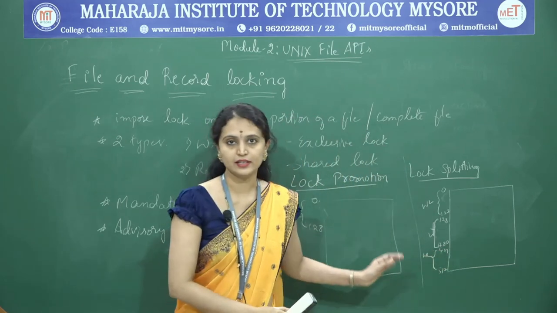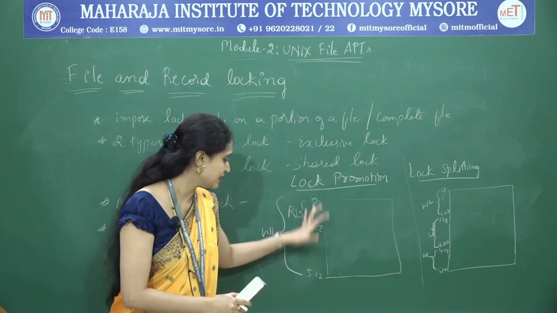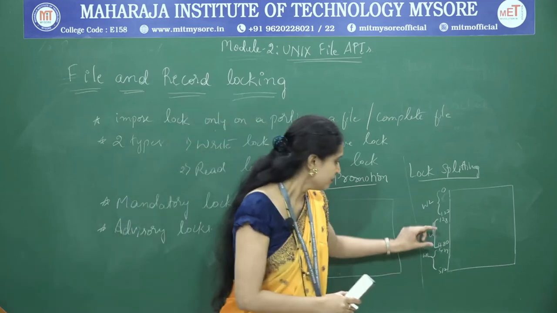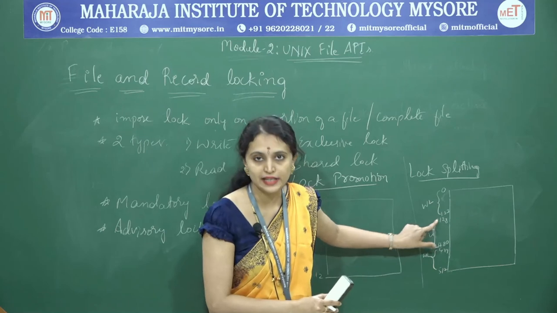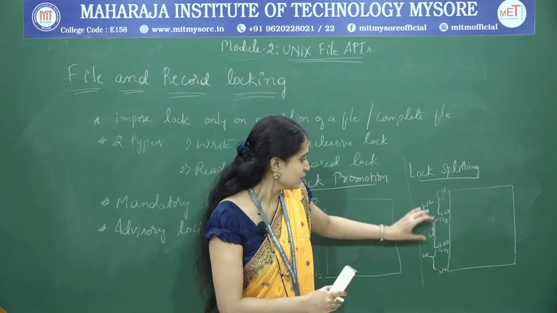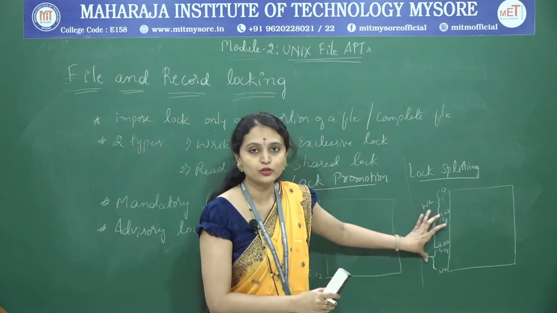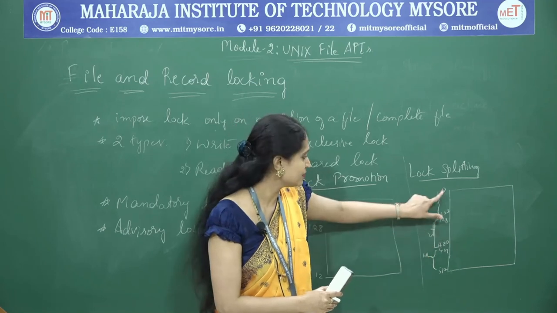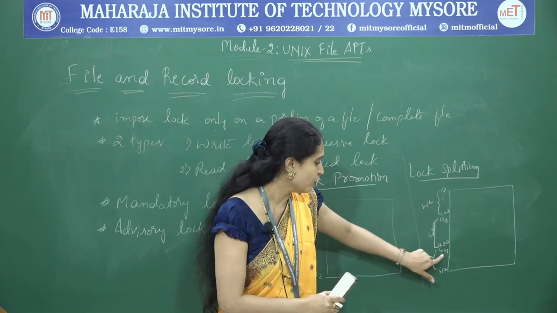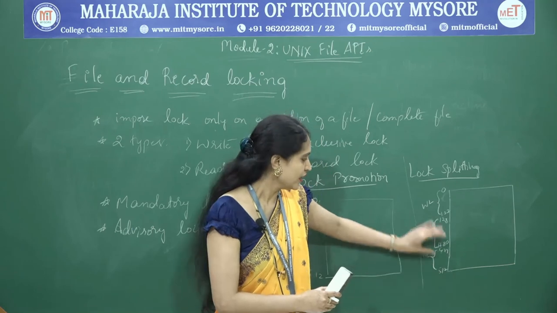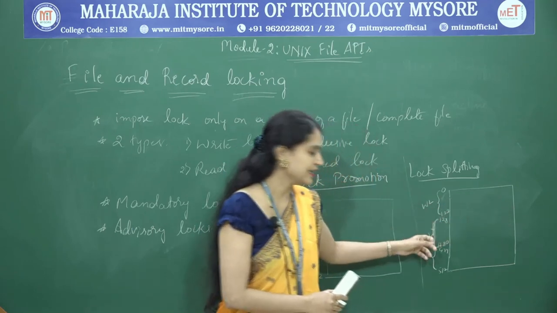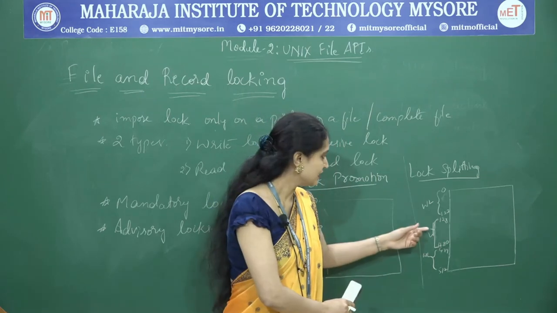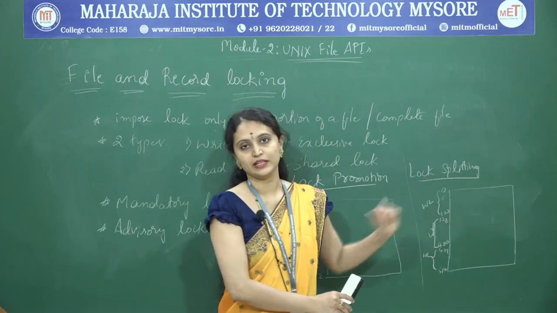So the write lock was on the complete range 0 to 512, and from 128 to 480 the lock is released. The write lock is split into two write locks, from 0 to 127 and from 481 to 512. Only the 128 to 480 region will be released from the lock. This concept is called lock splitting.